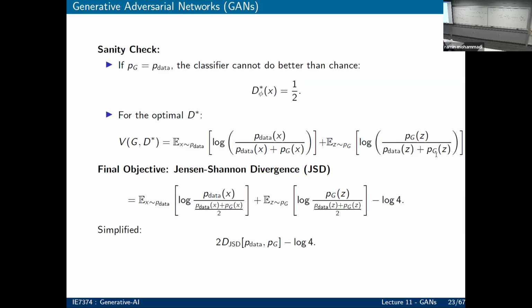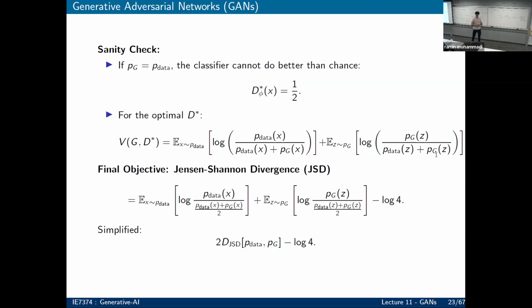Now, this is going to introduce something called the Jensen-Shannon divergence. It's a metric, similar to KL divergence, to compare two distributions. One of the differences is that it's symmetric. So KL divergence is non-symmetric, but Jensen-Shannon is symmetric.